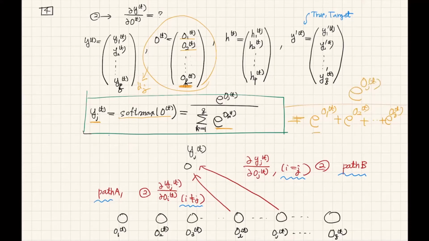So you plug this O into the exponential term, and your j term comes here. So what we're going to do is take the derivative of this function, the derivative of y_j with respect to O.